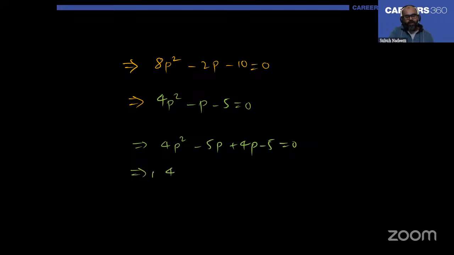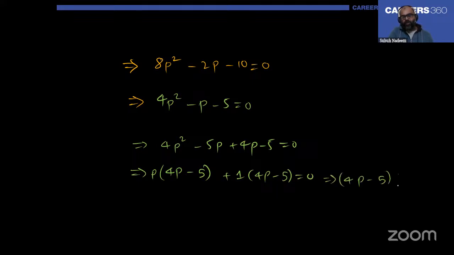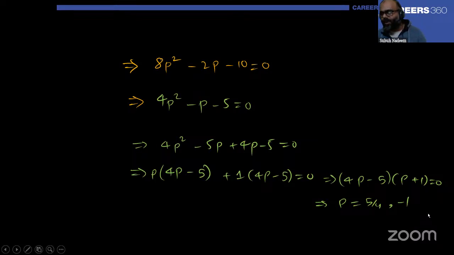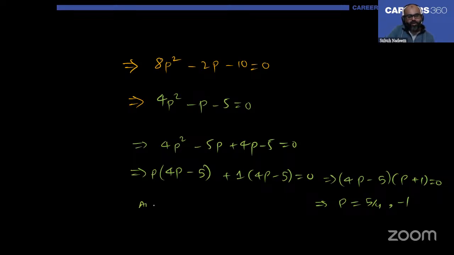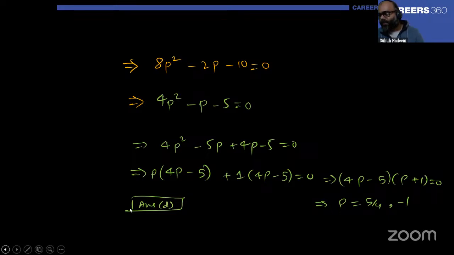So we have p common, 4p minus 5, plus 1, 4p minus 5 equal to 0, which means 4p minus 5 into p plus 1 equal to 0, which means p is equal to 5 by 4 and minus 1. These two values of p are coming, minus 1 and 5 by 4. Now 5 by 4 is not in the option, only minus 1 is in the option. So we'll say that the answer is D. Yeah, it is correct.